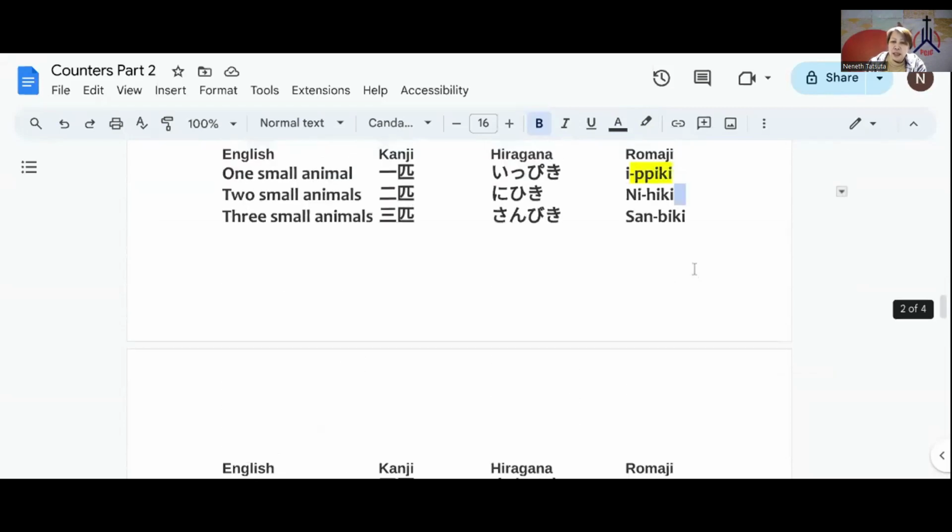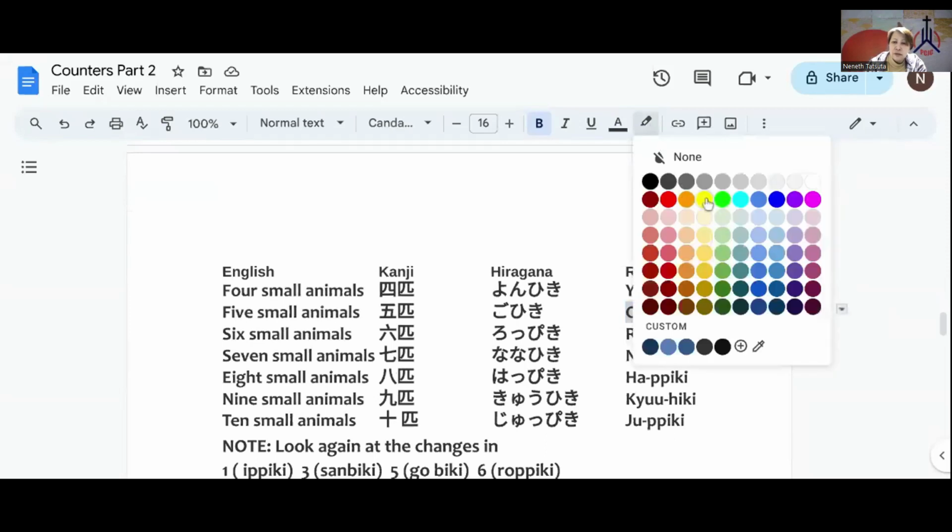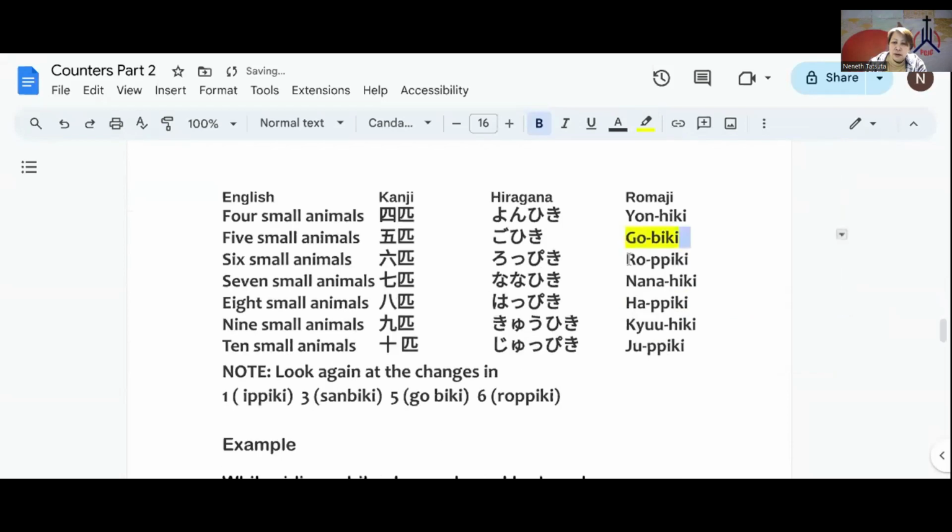Ippiki, nihiki, sanbiki. Again, I'm going to highlight all those exemptions. But as far as I know, because we are studying a lot of numbers, you would imagine which one has the exemption.